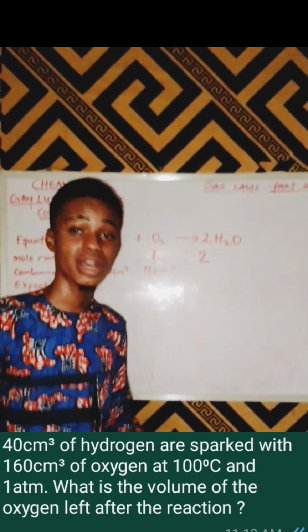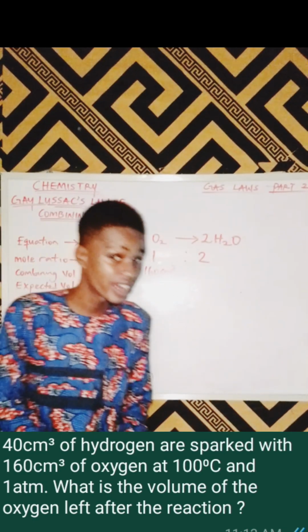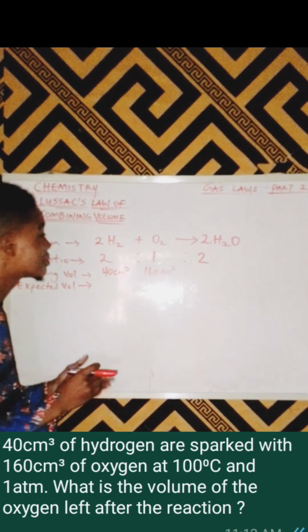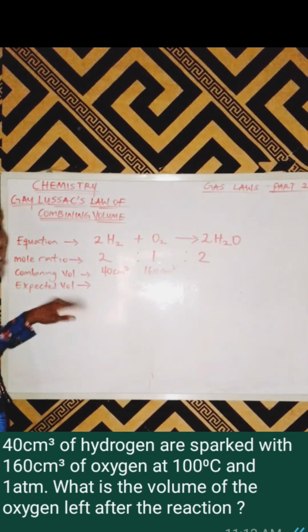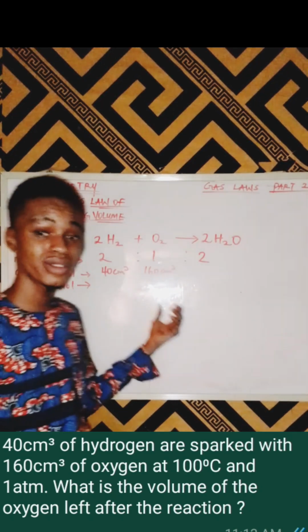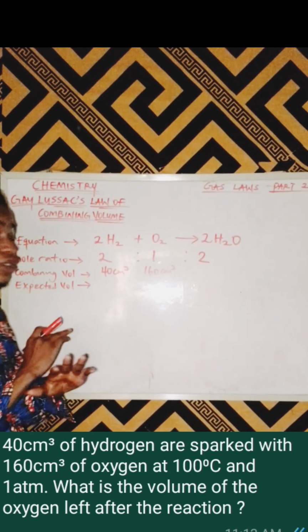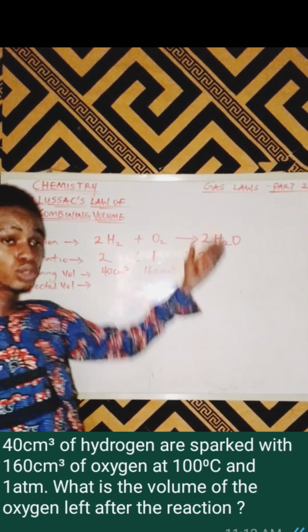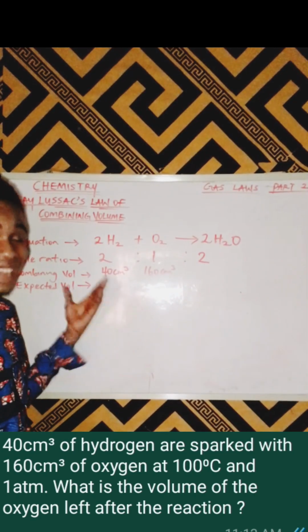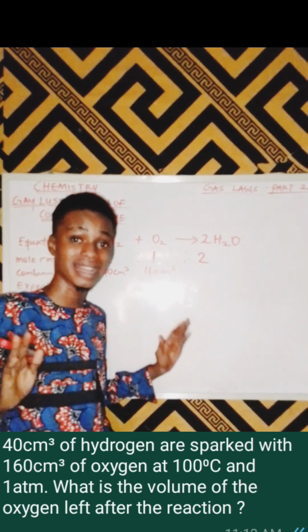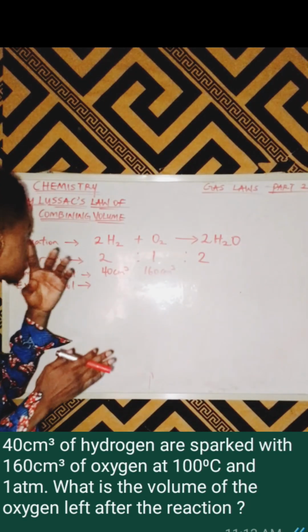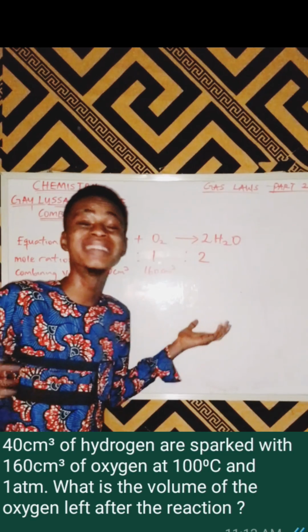They did not ask us to calculate the volume of residual gas. The volume of residual gas means the sum of the product plus the unreacted gas. That's what residual gas is. But now they want the volume of oxygen left unreacted.